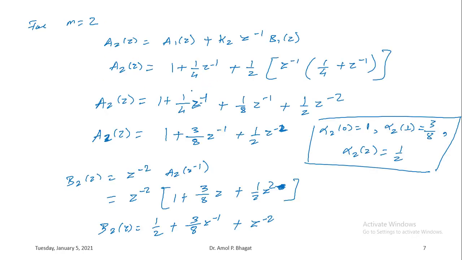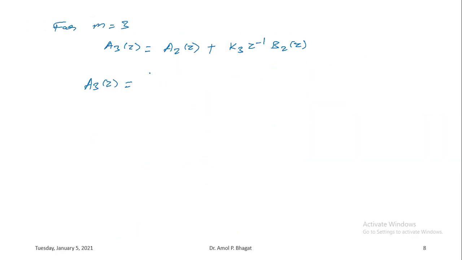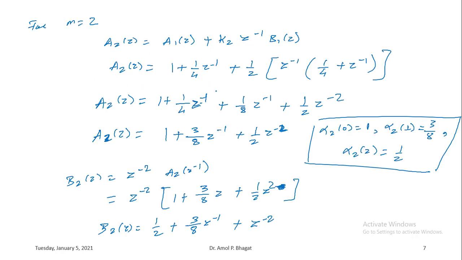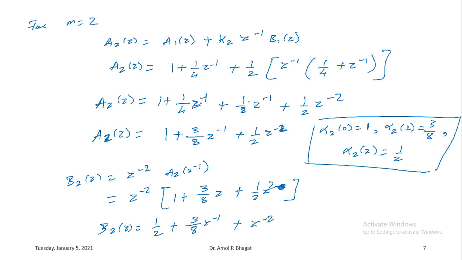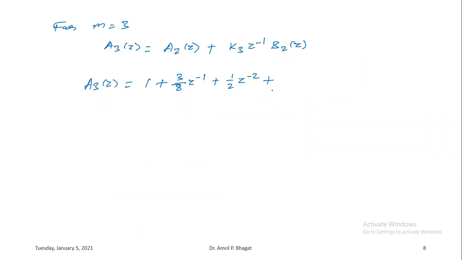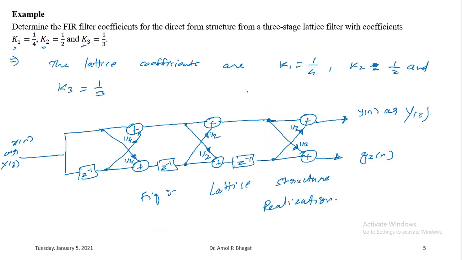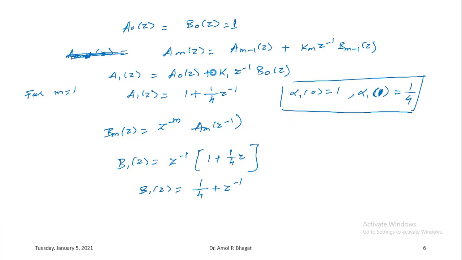So we have this a2 of z, 1 plus 3 by 8 z inverse plus 1 by 2 z to the power minus 2. What is the value of k3? K3 is 1 by 3 in the given equation.